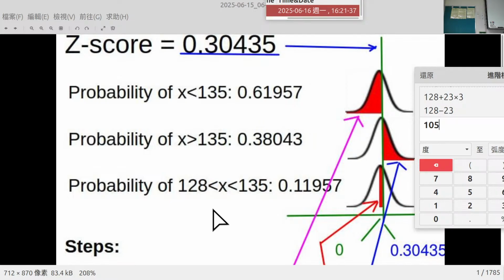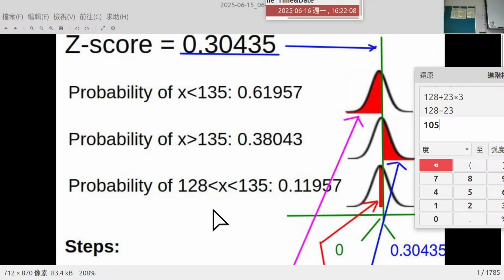This one minus 128 is not a full standard deviation, it's just 0.3, and the location is close to the mean on the right. And now we want to know the probability X smaller than 135. That is the area on the left side of this line. Is it okay?